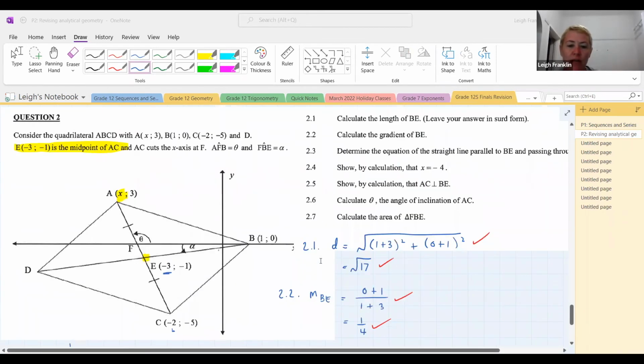Show by calculation that AC is perpendicular to BE. So what do they want us to do here? Show by calculation that AC is perpendicular to BE. How would we do that?